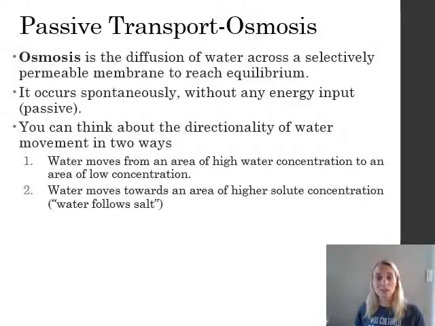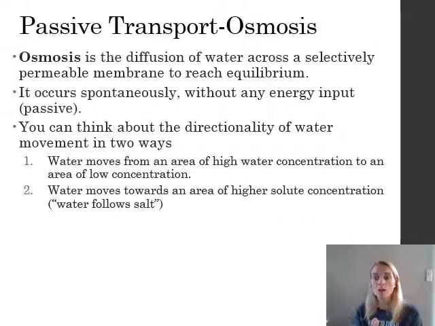The reason why these things are the same is because if we take a look at it, what if one side of the cell is pure water, 100% water. So it's the area of high water concentration and very little, no solute. And then on the other side of this membrane or inside of the cell or a different area, you're going to have maybe 50% water and 50% solute.